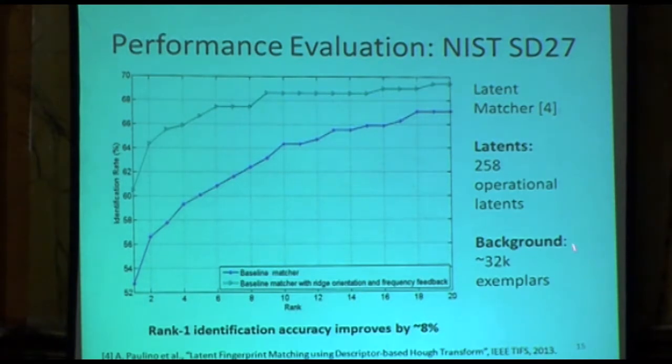The background consists of about 32,000 exemplars. The dark blue curve shown here is the baseline matcher, which is the matcher in this paper. If I wrap the matcher using the ridge orientation and frequency feedback, as you can clearly see, I get a huge increase in the rank 1 identification accuracy. Again, I want to emphasize that these are operational cases, so the paradigm does work.